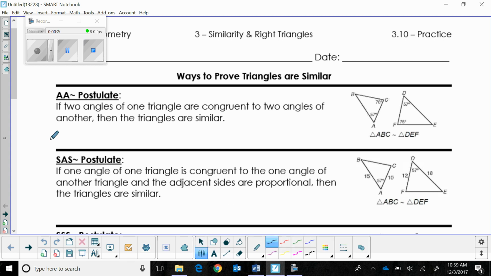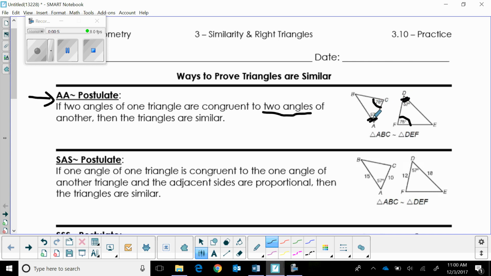Okay, first case. Angle-angle. If two angles of one triangle are congruent to two angles of another triangle, then the triangles are similar. So as you can see in this example, we have a 78-degree angle and a 78-degree angle, and a 57-degree angle and a 57-degree angle.